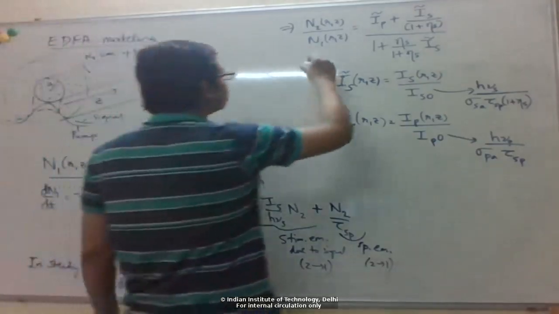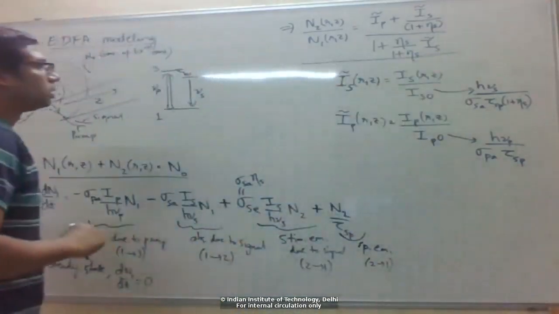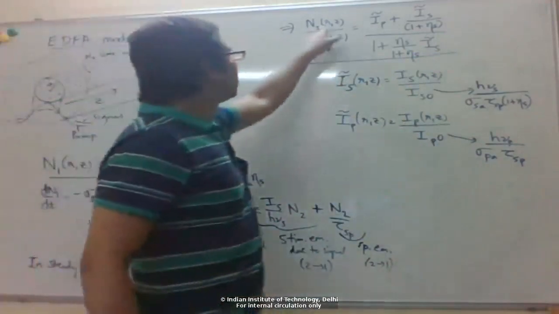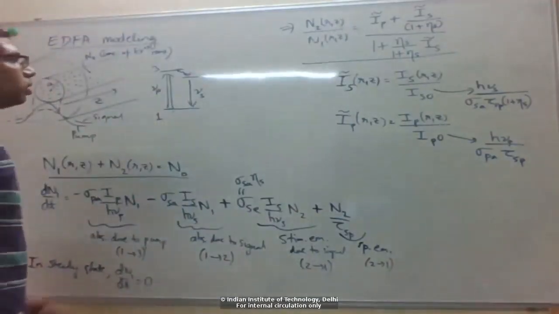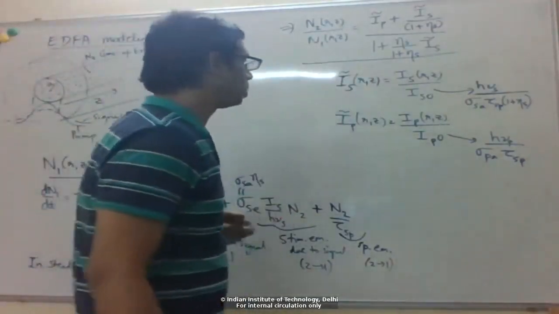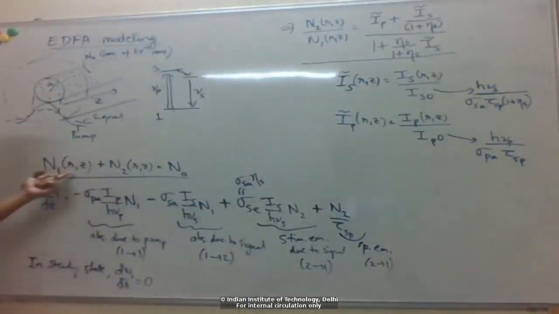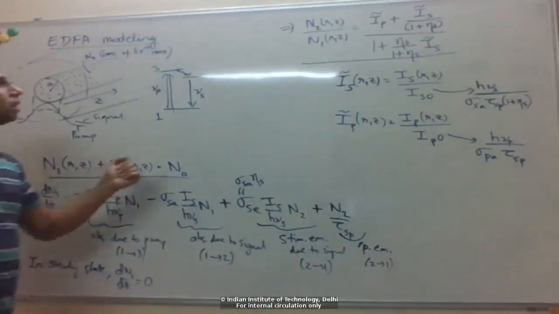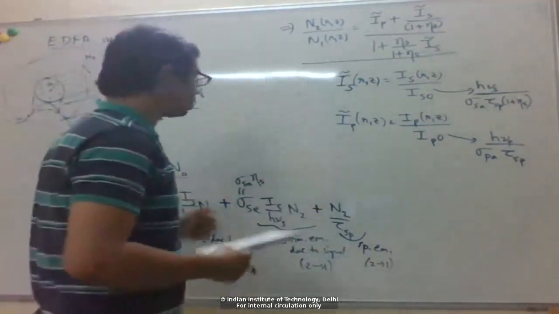Okay, so now we have this relation N2 by N1, right? Which in general depends on both the radial coordinate and the longitudinal coordinate, because this intensity also depends on both. And we have this equation here, right? So using this and this, now we can find the actual expressions for N2 and N1 in terms of N0.